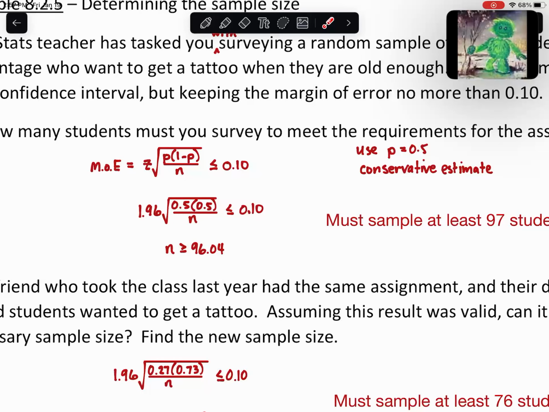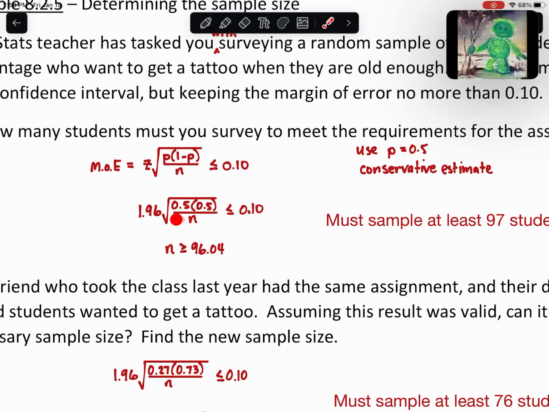I'm not going to get into the details of that. If you've taken a calculus class and done optimization problems, there are calculus word problems you could set up to prove that 0.5 for p maximizes this expression. In this class, you don't have to know the calculus. You just need to memorize that for lack of anything better to plug in, we want to plug in p equals 0.5. So that's what we do.